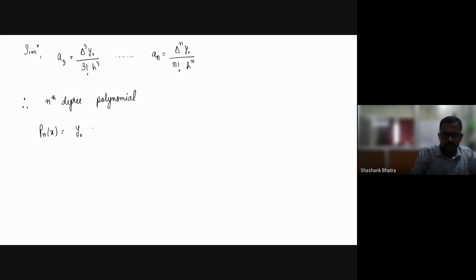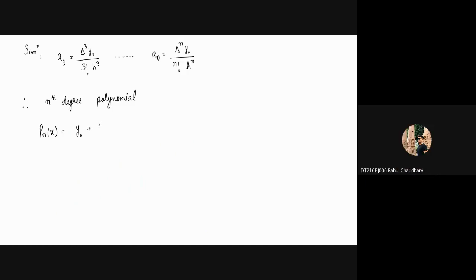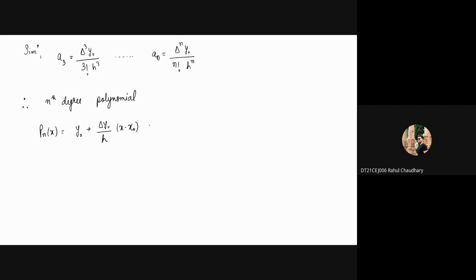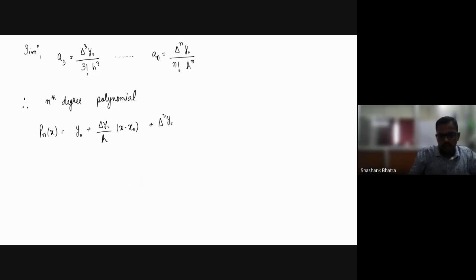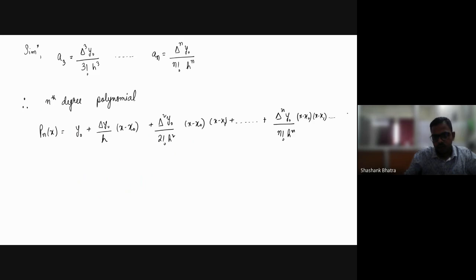So plus delta y naught by h times x minus x naught, plus delta 2 y naught upon 2 factorial h square times x minus x naught into x minus x1, plus dot dot dot as we move on, delta power n y naught upon n factorial h power n, times x minus x naught, x minus x1, up to x minus x n minus 1.